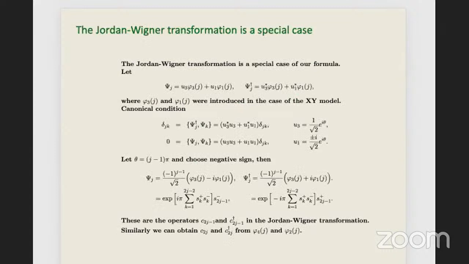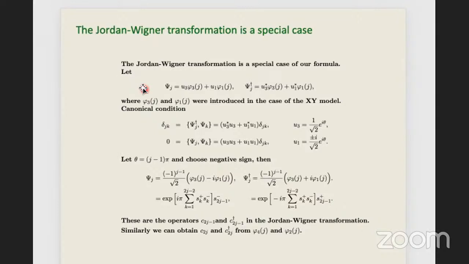Next, let us consider the relations with other transformations. First, we will formally show that the Jordan-Wigner transformation is a special case of our formula. Let us consider phi 1 and phi 3 that are introduced when we solve the XY chain. Let us consider a canonical transformation in which Fermi operators are transformed into new Fermi operators.